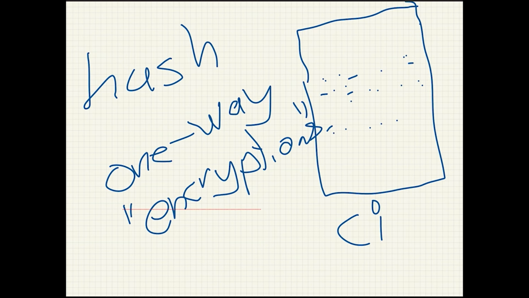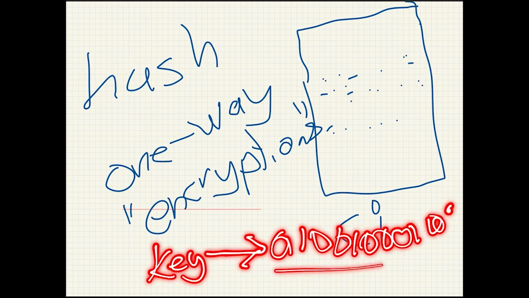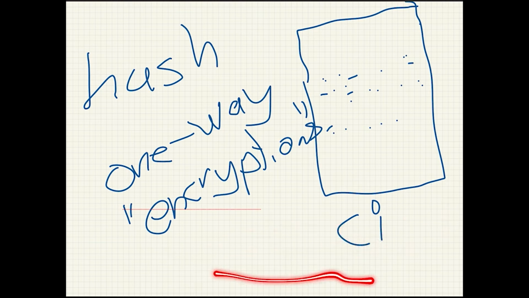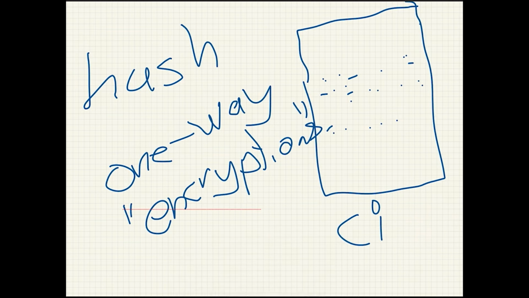So if we take our key, for example, we can turn it into a string of bits. And no matter if you obtain this string of bits, you cannot go in the opposite direction and reobtain the key.